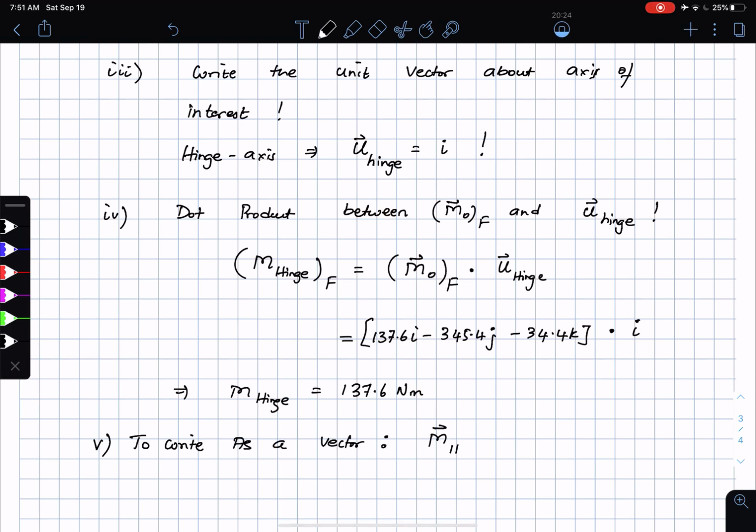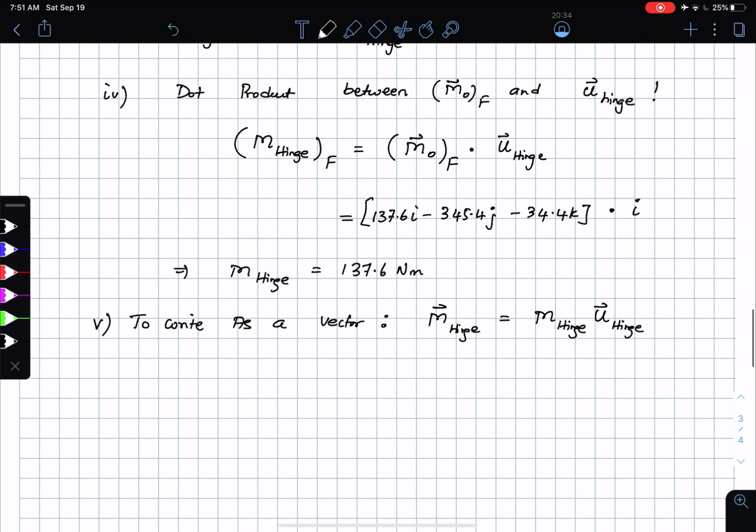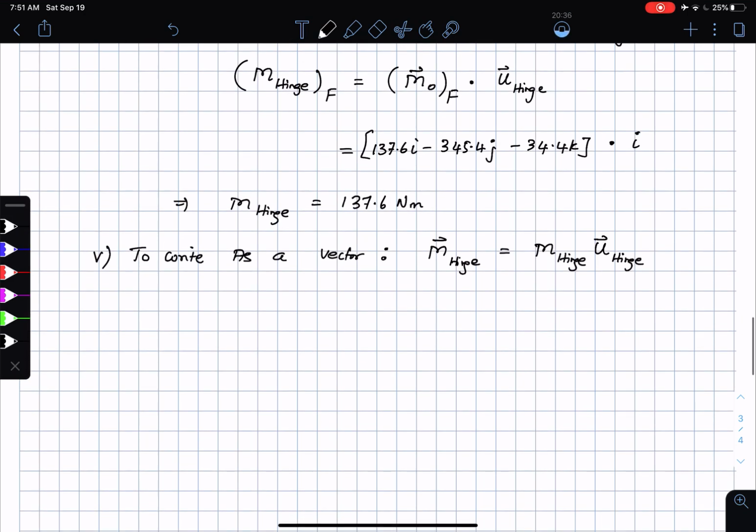M hinge vector is equal to M hinge magnitude multiplied by U hinge, which is fairly easy, right? So M hinge is going to be 137.6 multiplied by the unit vector, which is i, and this is so many Newton meters. And this is fantastic. So we are done.